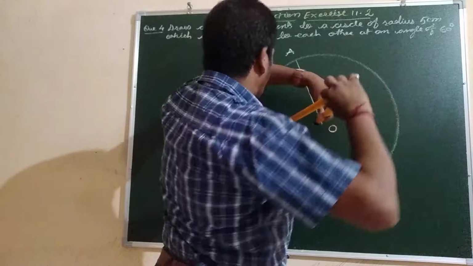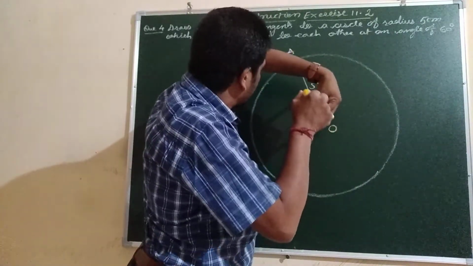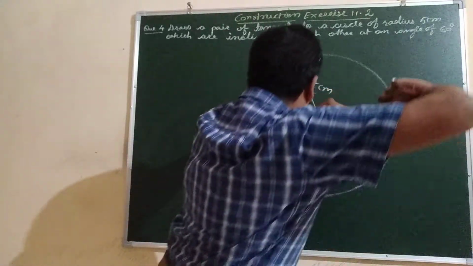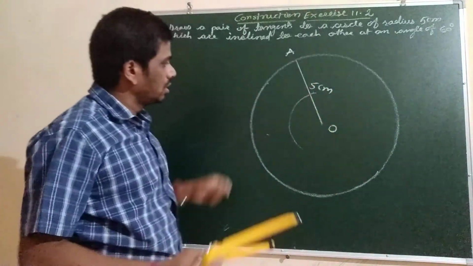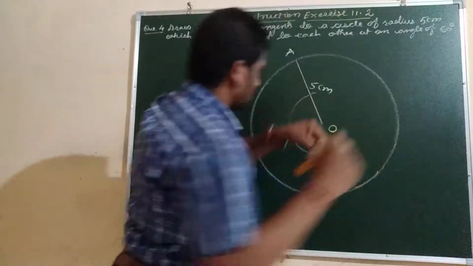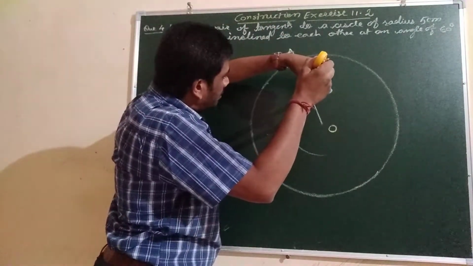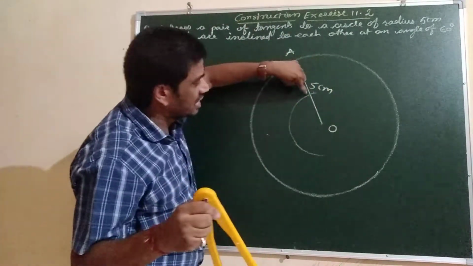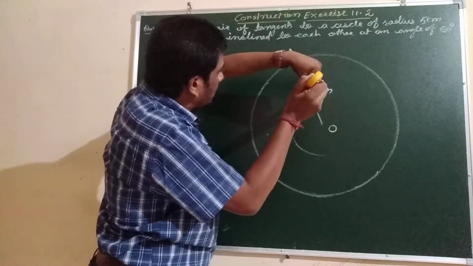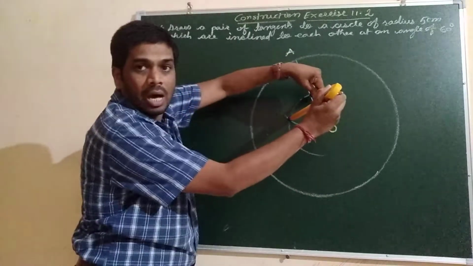We will draw an arc of any radius. Again you can extend it. Semicircle we can make, and from this point, this intersection point of the radius and this arc, we will draw an arc.